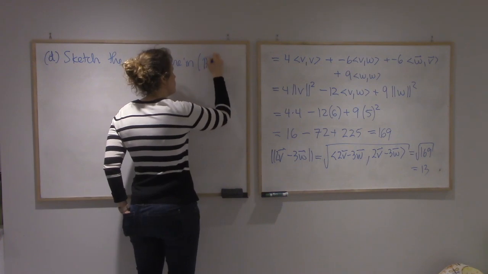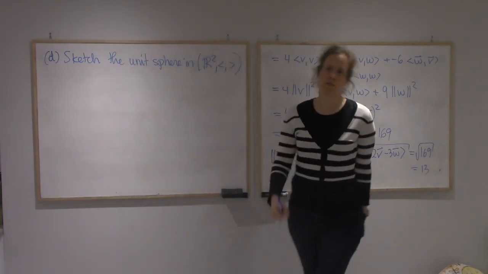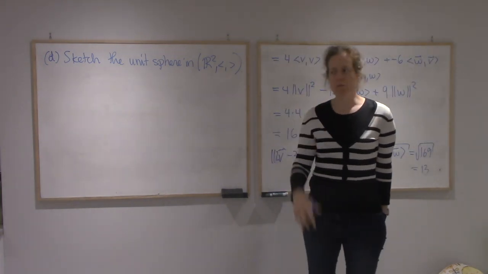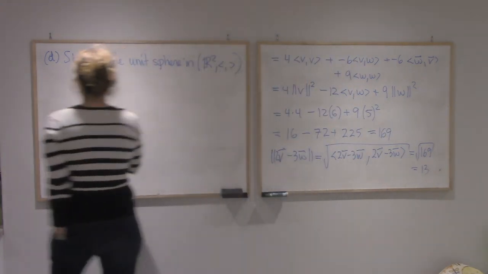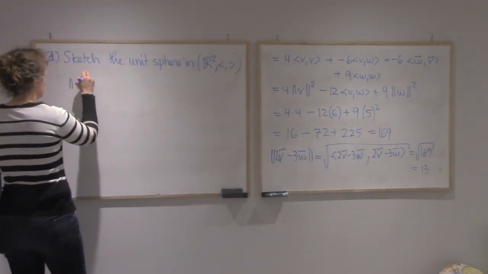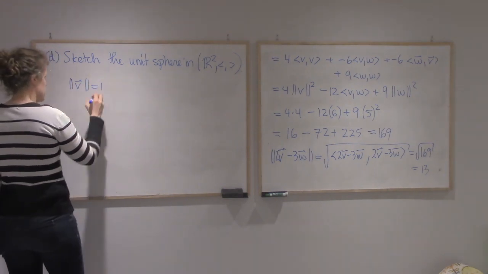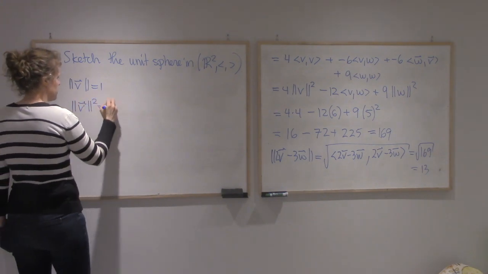So in R2 with the usual dot product, we do actually have the real unit sphere, but in this one we'll get something different. So what will we get? Well, we want the length of a vector to be 1, so that means the length squared should be 1 as well.